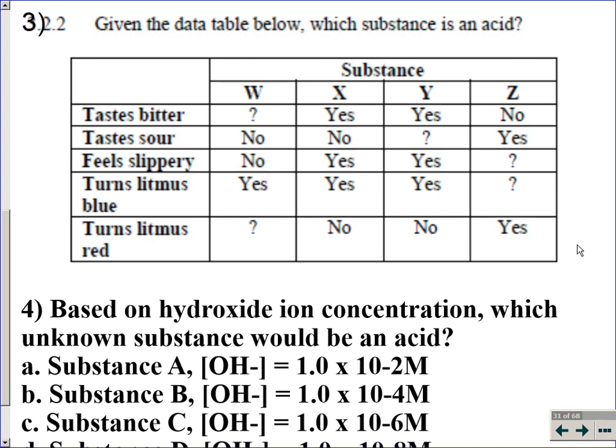So W, X, Y, or Z, which is the acid? Z. Why are we saying Z? Okay, so that's one of the really obvious traits, right? It's the only one that tastes sour.